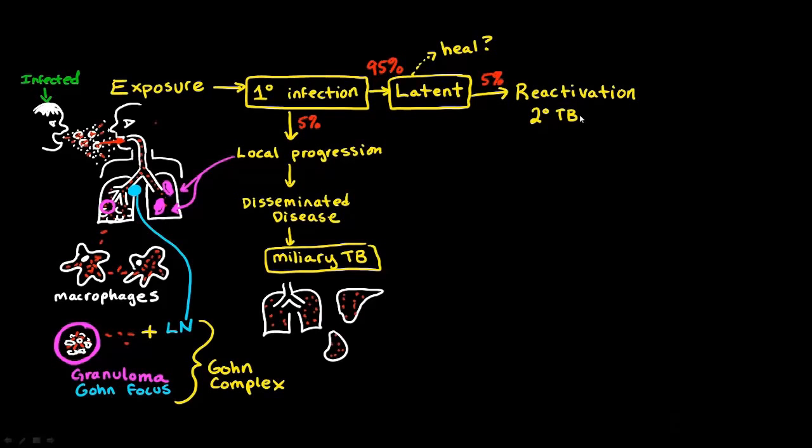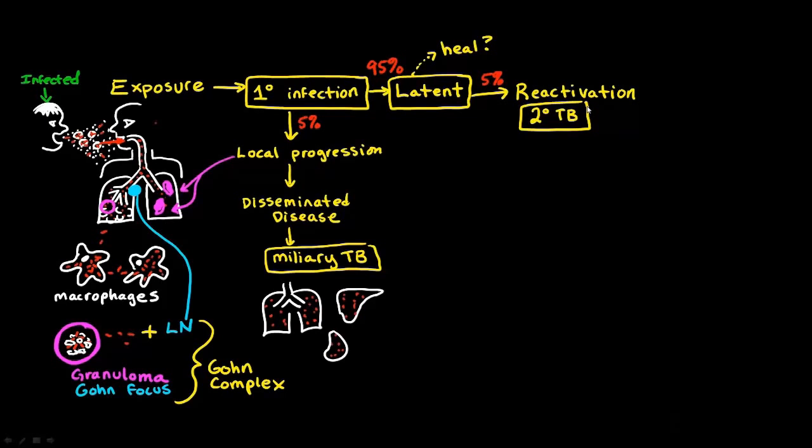It can happen at absolutely any point during your life, either within several months of the infection or many, many years later. And that reactivation is referred to as, as you've written, secondary tuberculosis, in contrast to primary infection. Now, the likelihood that somebody may reactivate is influenced by many factors, including the immune state of the host.